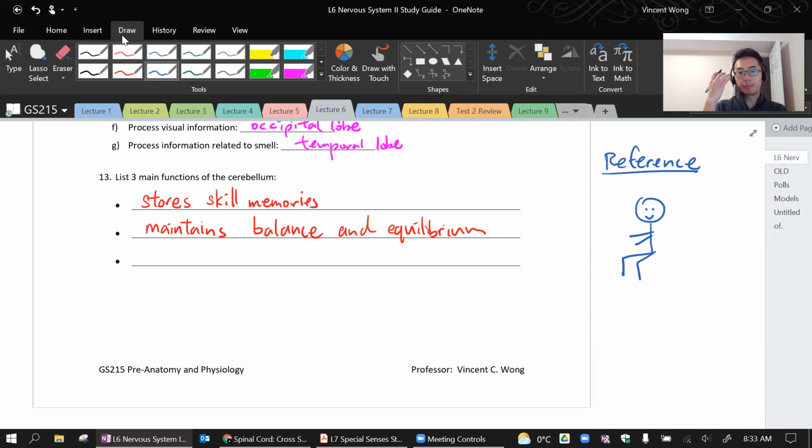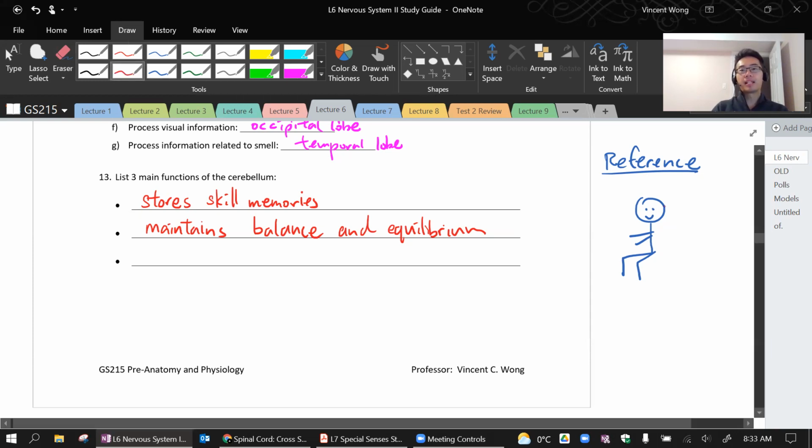And then you're going to be receiving sensory information from the eyes, from the ears, and from the proprioceptors in your muscles, and then the cerebellum will look at your actual position and compare it to the reference. So the actual position is going to be the same.